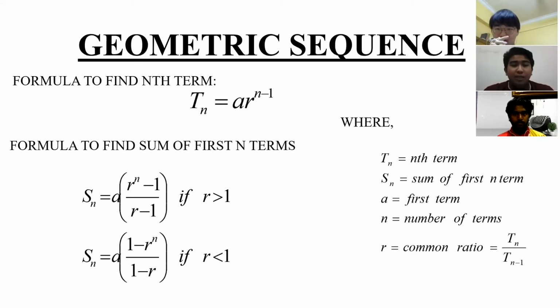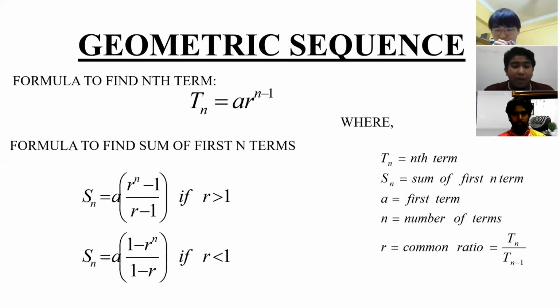So the second formula is to find the sum of the first n terms. For this, we have two types of formula depending on our r value. If our r value is greater than 1, the formula will be Sn equals a multiplied by r to the power of n minus 1, divided by r minus 1.